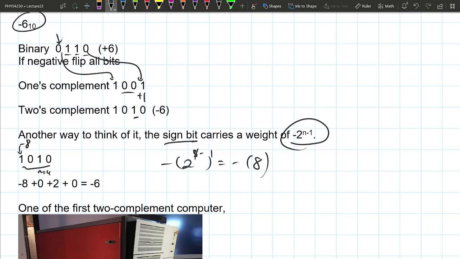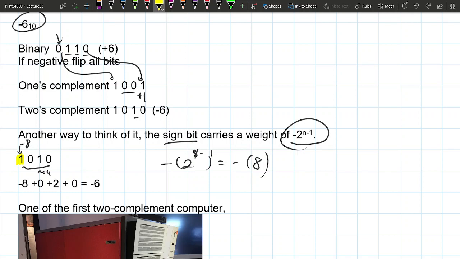So this last place has a weight of negative 8. If you just add these numbers up, negative 8 plus 0 plus 2 plus 0 gives you negative 6. It's another way to think about it. You don't have to do it that way, you can always just do that process.